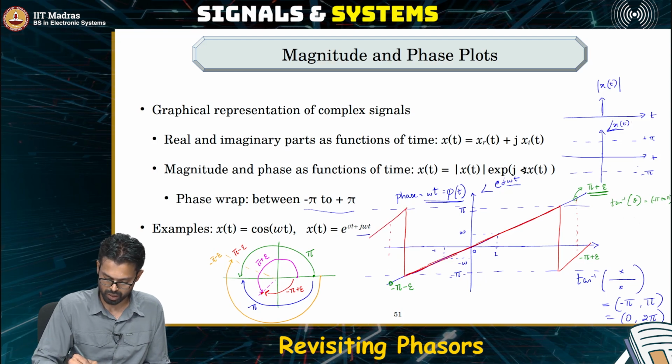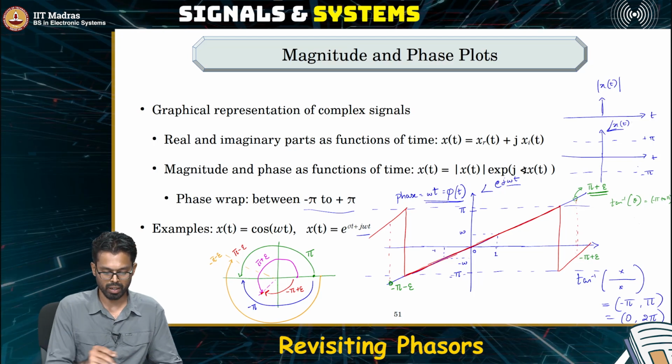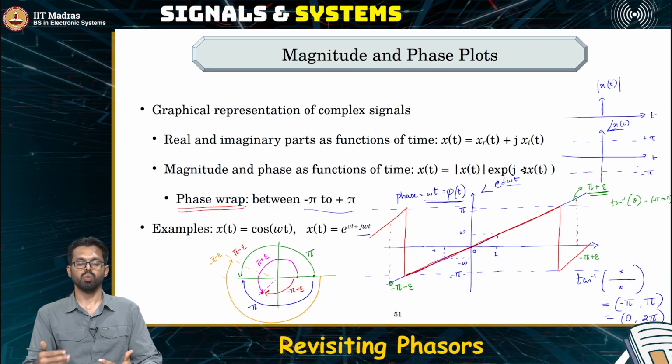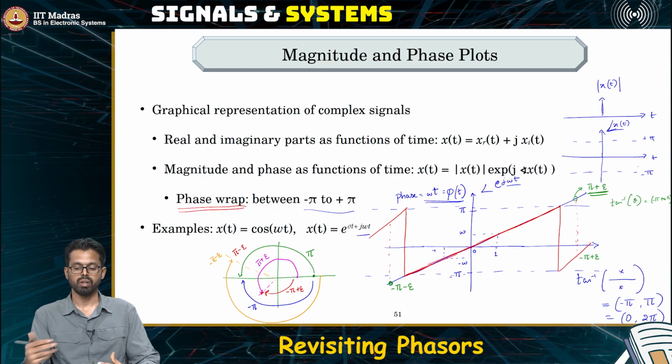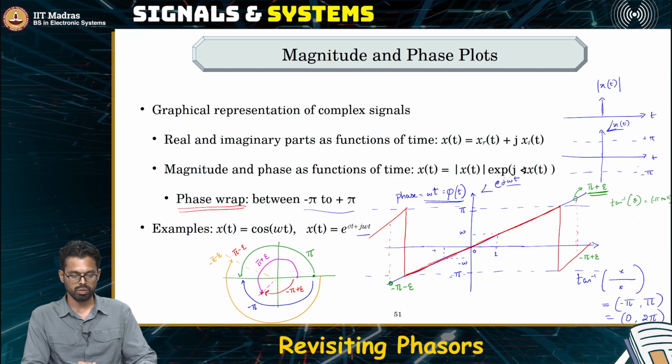So this point directly corresponds to this. This is what we'll call phase wrapping. This is what we'll observe as phase wrapping when you plot these functions in any simulation software.